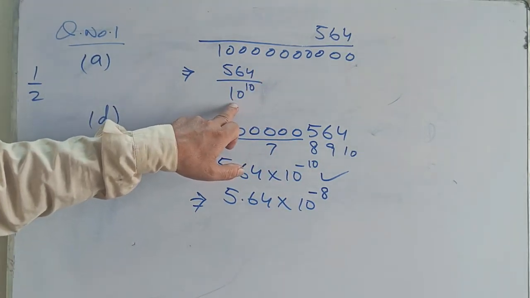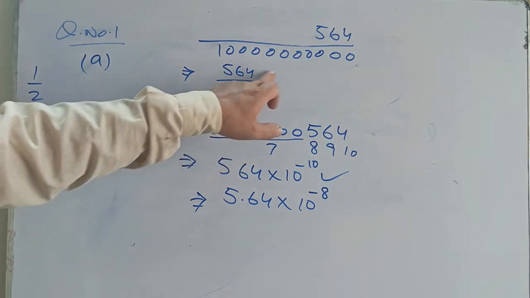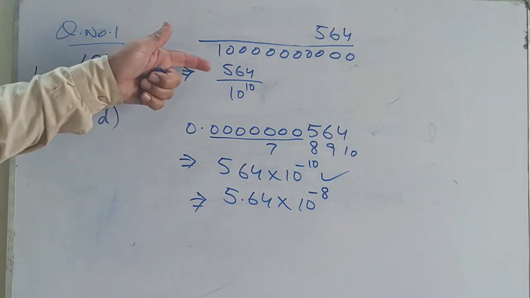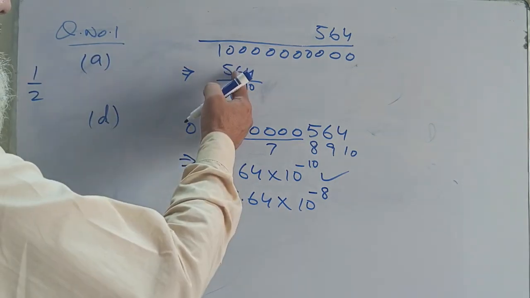If I just shift this 10 to the numerator, then this part will appear. Now what I have done is I have to place the point over here.